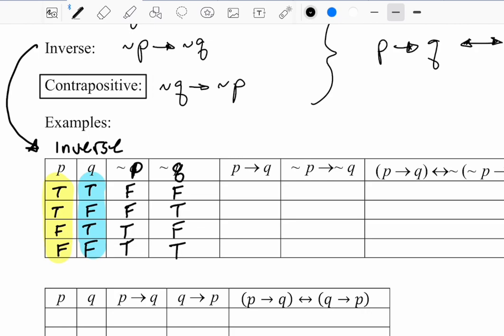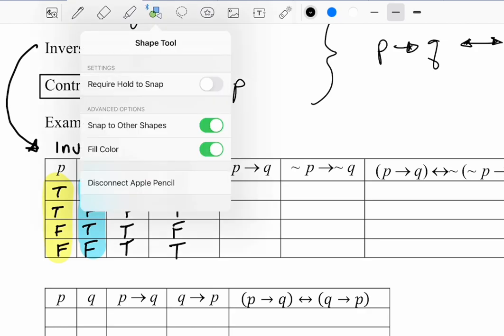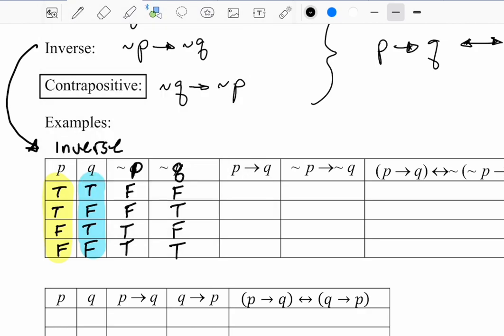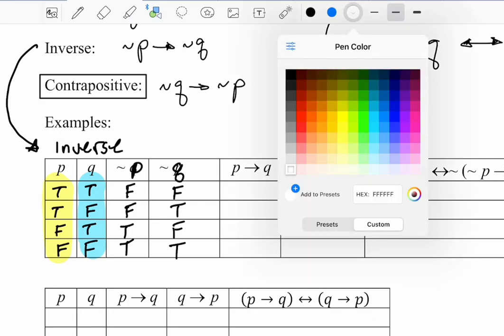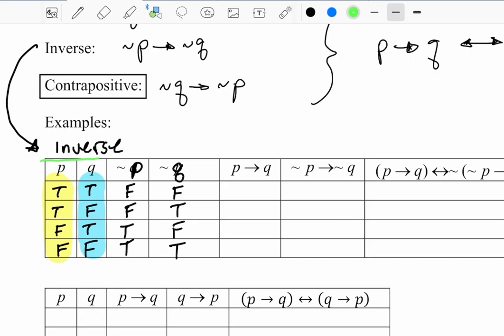So the P implies Q is going to work off of the original set. Let me turn my fill color back on. I'm going to go with a nice light green, for those keeping score at home. So I'm looking at this set here.